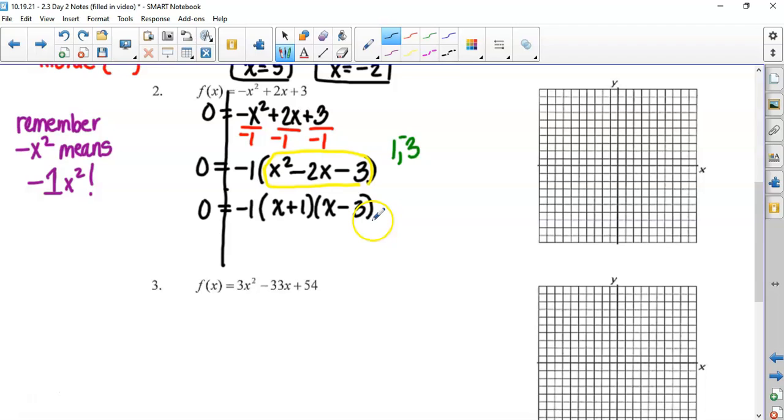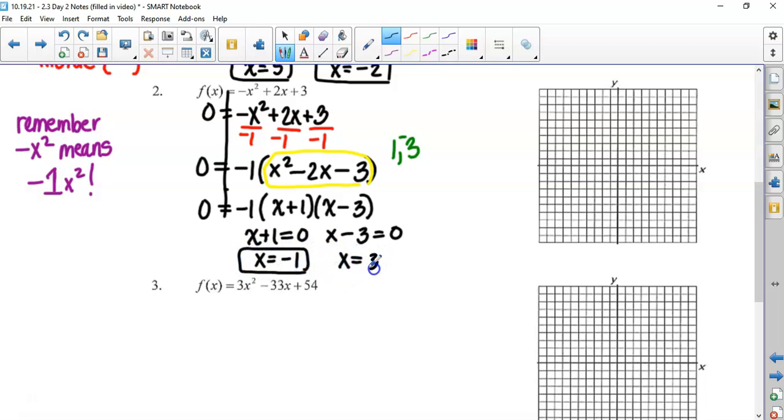What do we do next? We need to find what value of x makes this 0, right? Because 0 times anything is 0. There's a different value of x that makes this 0. 0 times anything is 0. So we're going to take each of those factors one at a time and set them equal to 0. Use our mental math skills. This gets us negative 1.